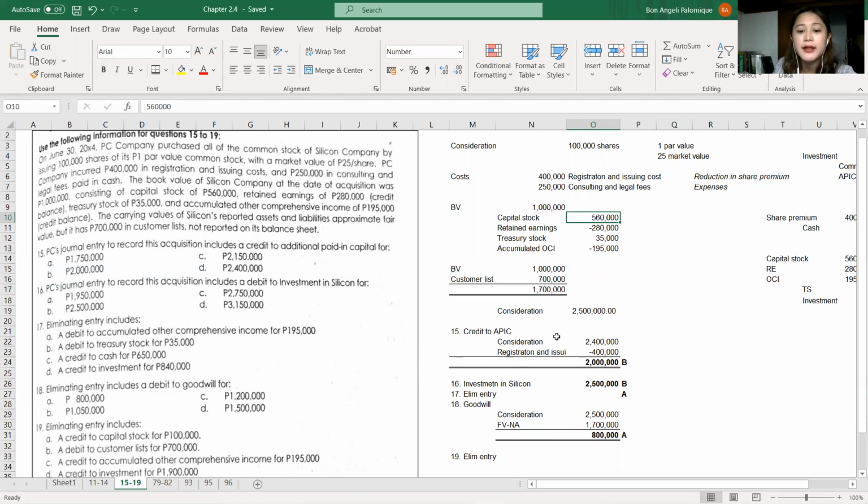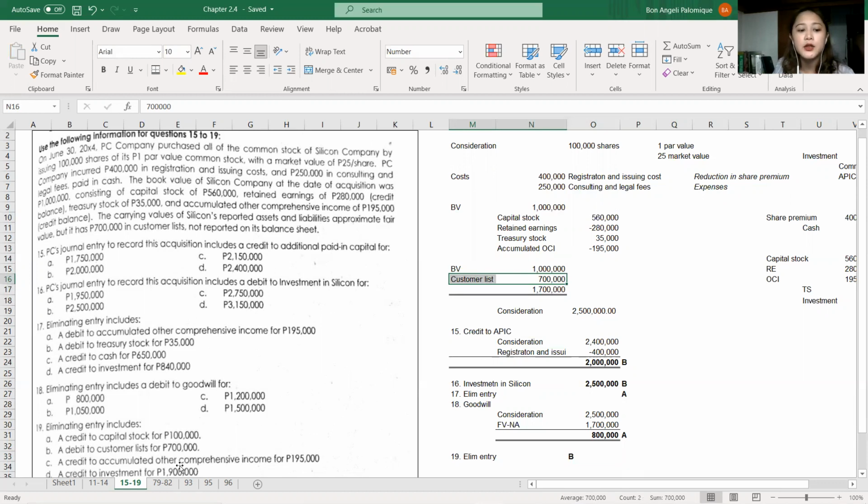So, yung elim entry number 2 natin includes over-under valuation. So, this is one of the items that is treated as over or under valuation kasi hindi siya na-record sa books pero part siya ng fair value. So, yung 700,000 is part of elim entry. So, tama yung letter B kasi ang elim entry natin for this is kailangan natin i-debit yung customer list.